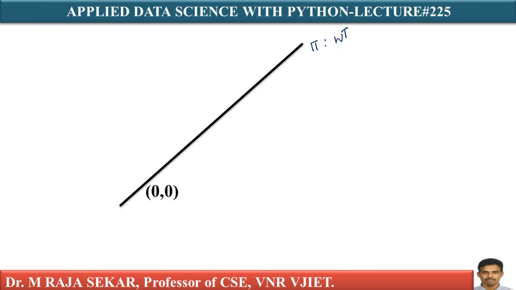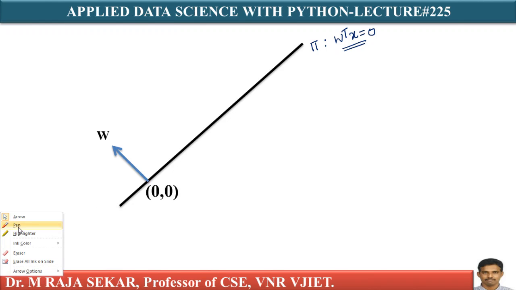We know the equation of the plane which passes through the origin is W transpose x equals 0. I already discussed this equation many times in my previous lectures. Let me say this one is the normal at the origin. Let me assume this one is the origin, and W is the normal.